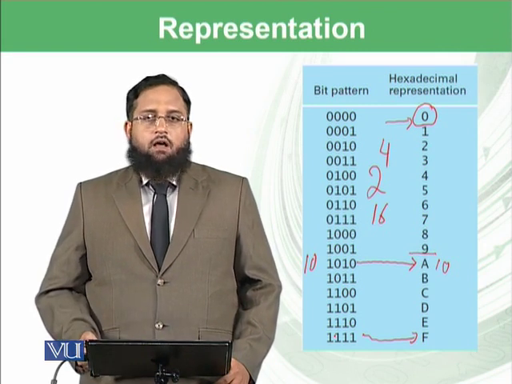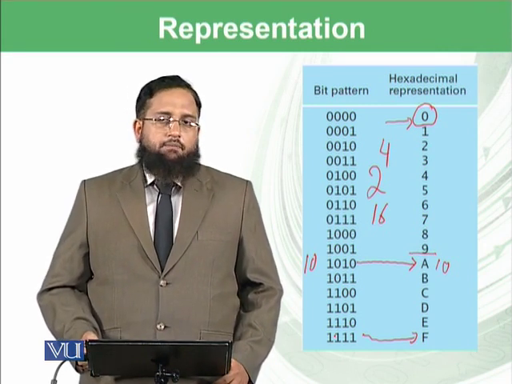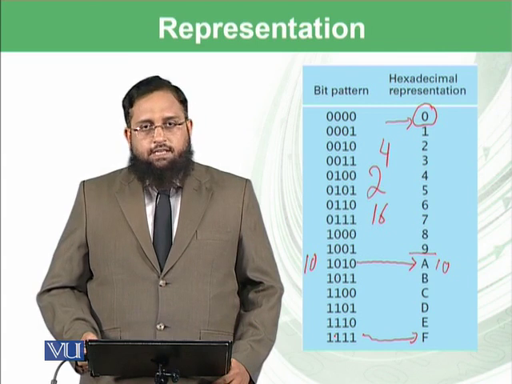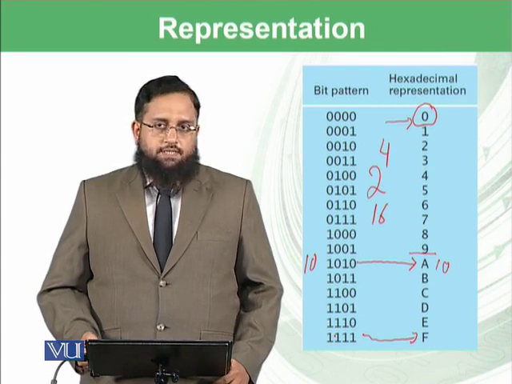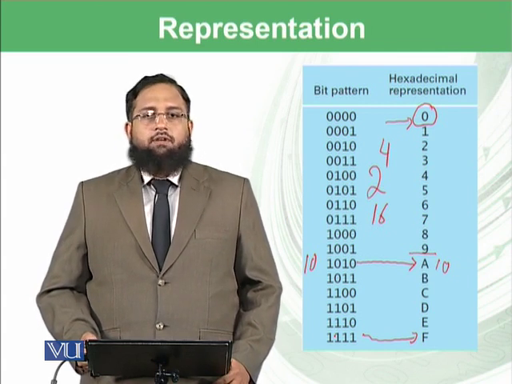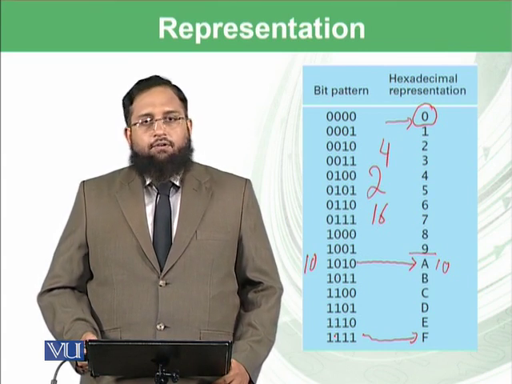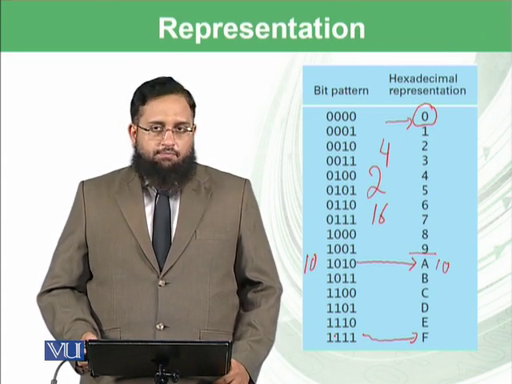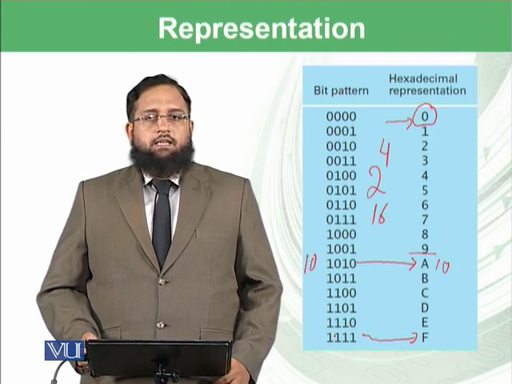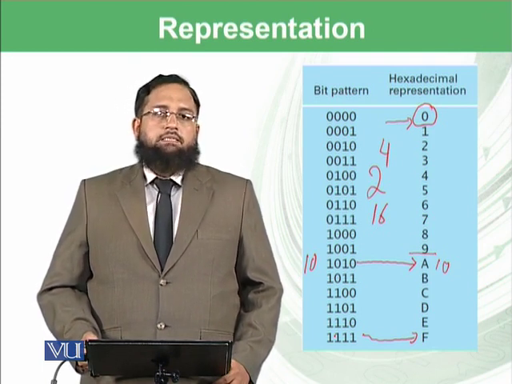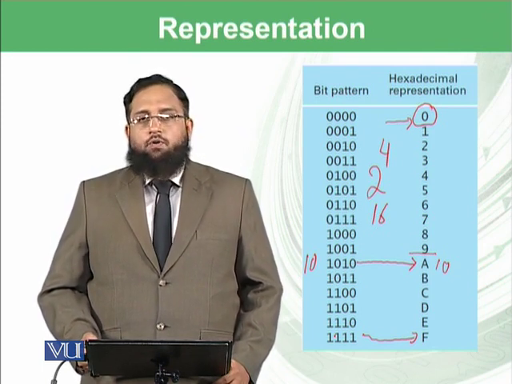So these are all the possible 16 combinations in 4 binary digits, and for each bit pattern we have written one typical symbol. So whenever we see this pattern, we will represent it with the corresponding symbol.